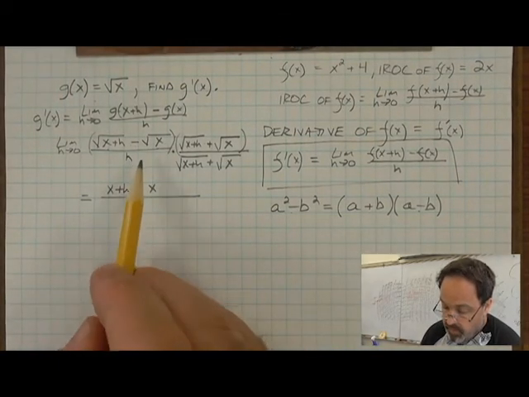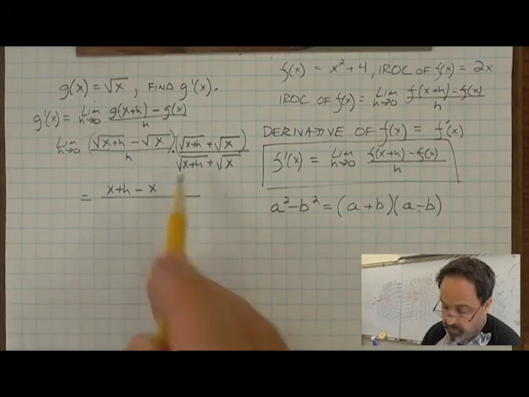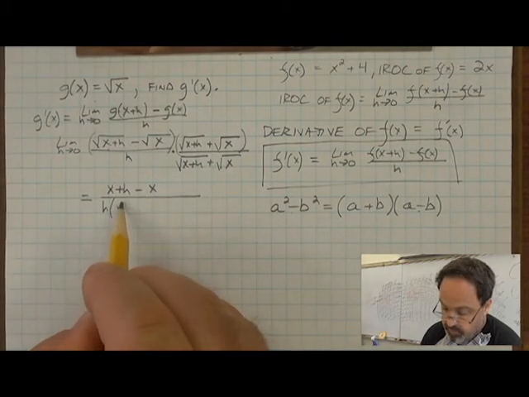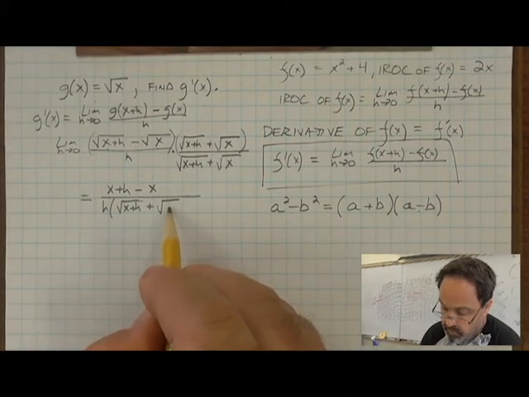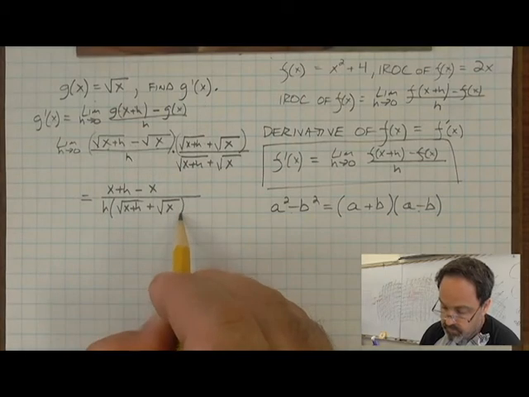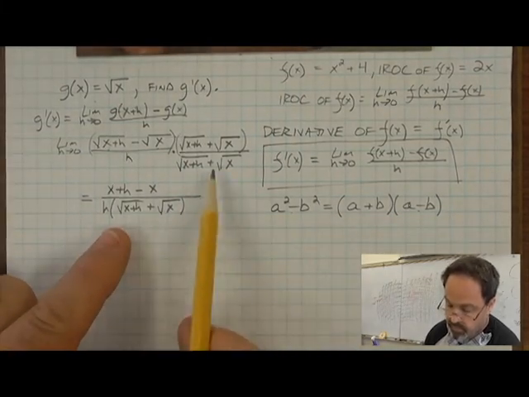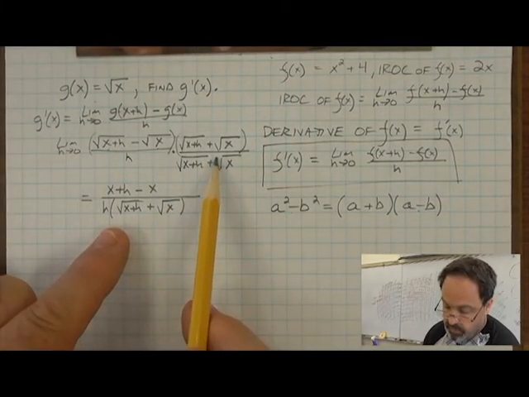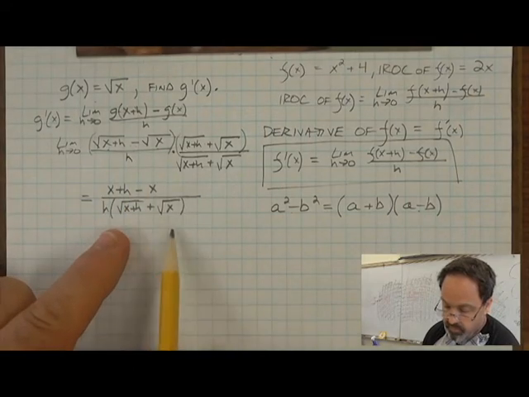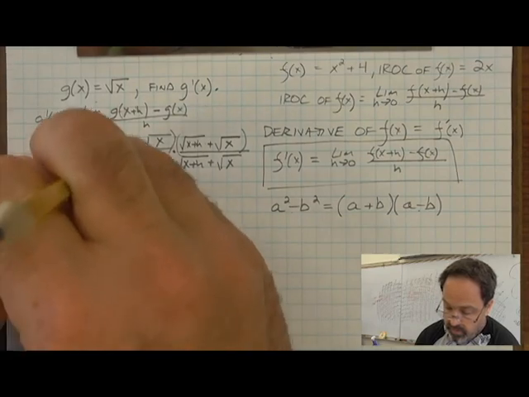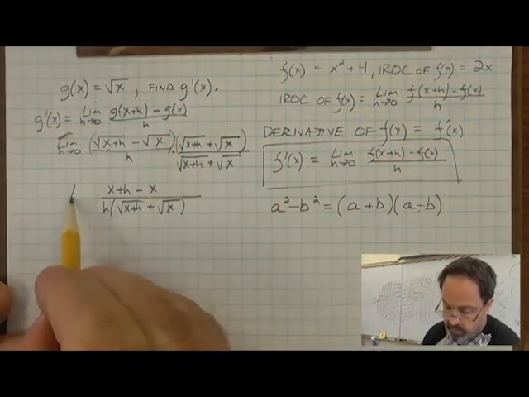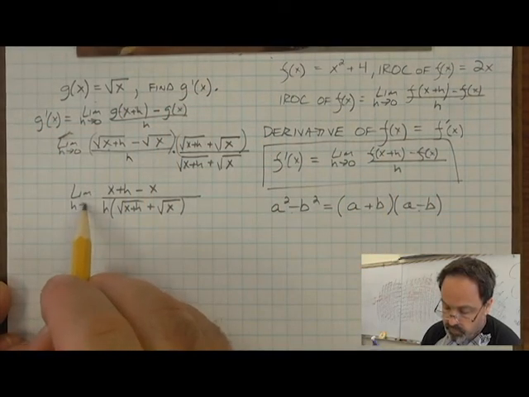I still have to multiply h by this denominator, so I get h times radical x plus h times radical x. Notice that I put the denominator that I was multiplying h by in parentheses so that I need to distribute the h, and I'm still taking the limit as h goes to 0.